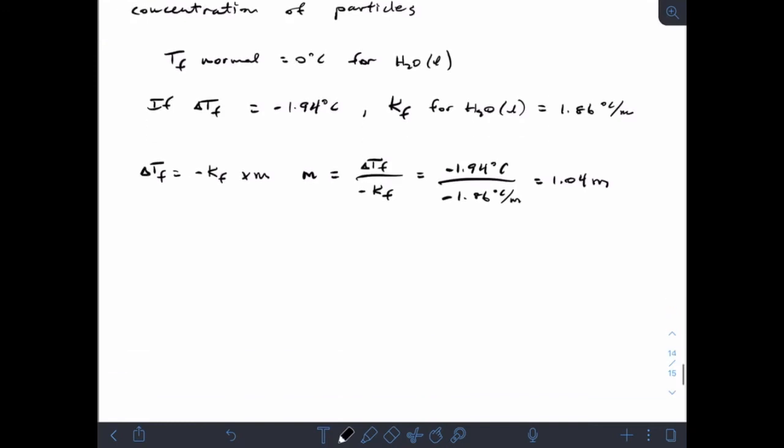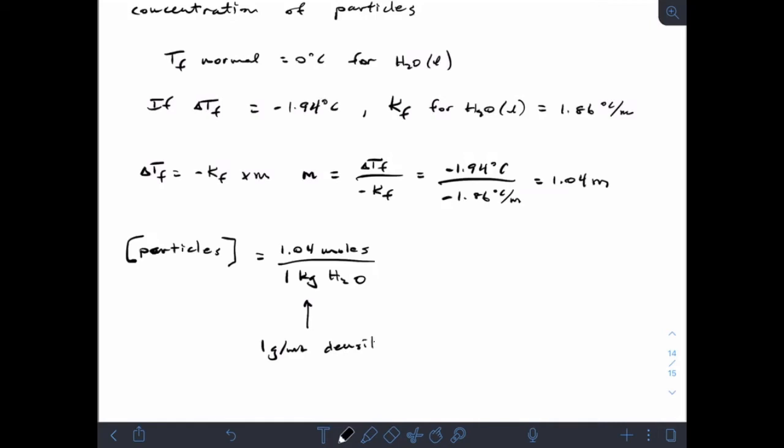Okay, so molality is a version, so let's find what it is in molarity. So molarity of particles. So right now we have 1.04 moles in 1 kilogram of water. Right? And water has a 1 gram per milliliter density.